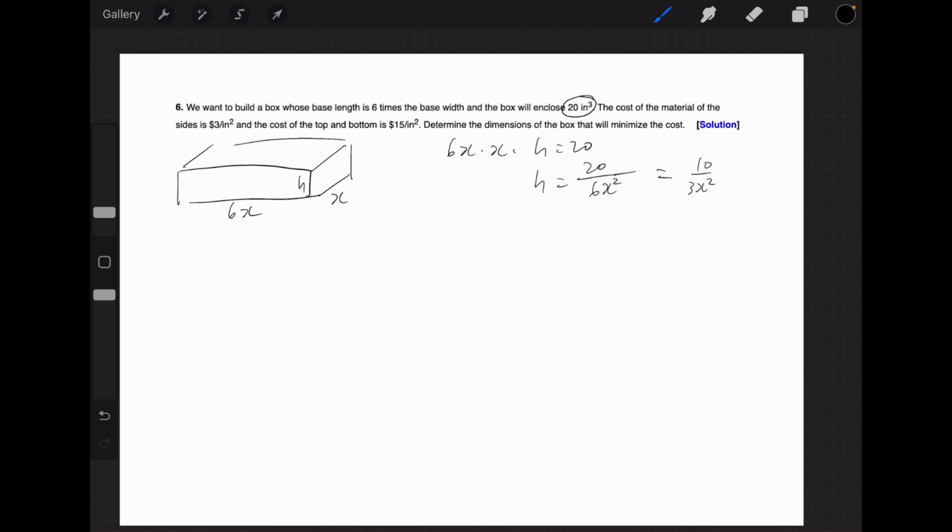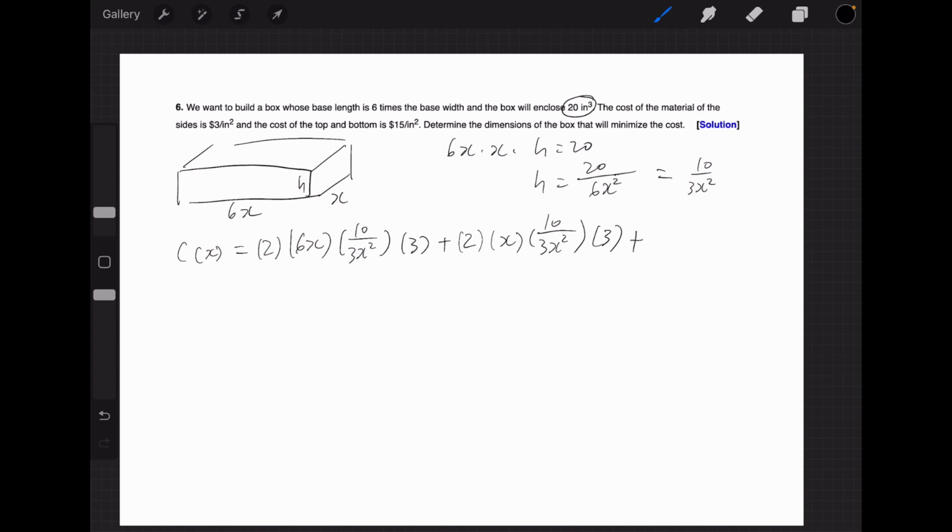Okay, so now let's write out the equation for the total cost. The total cost would be C of x, and it would look like this: 2 times 6x times 10 over 3x squared times 3, plus 2 times x times 10 over 3x squared times 3, plus the top and bottom.